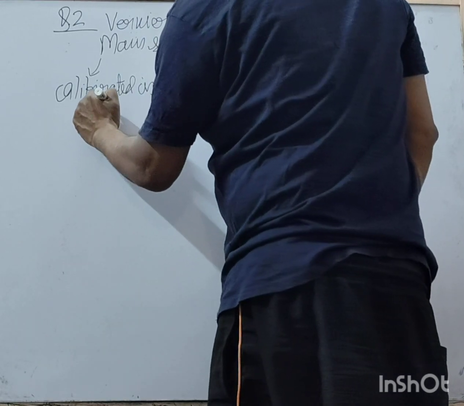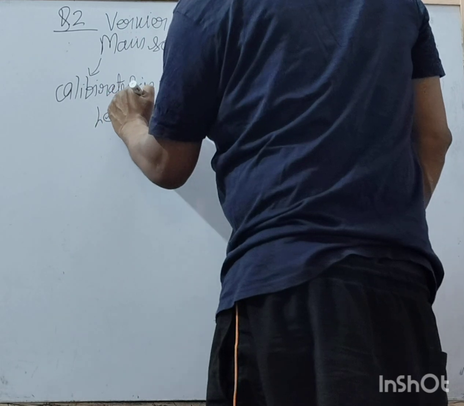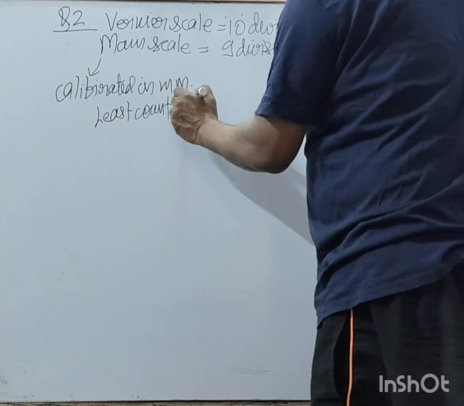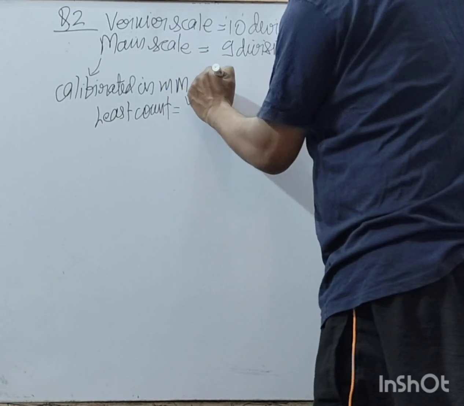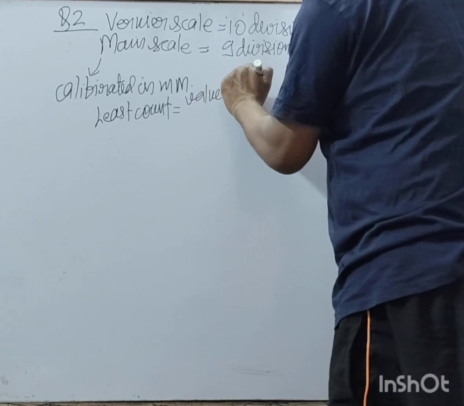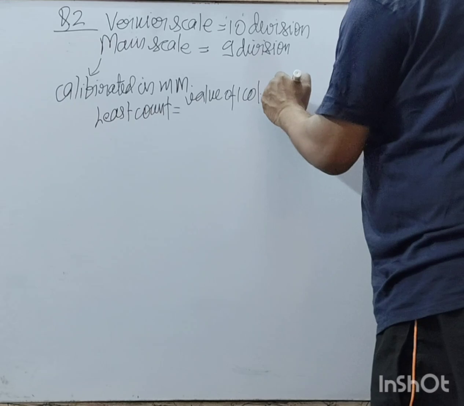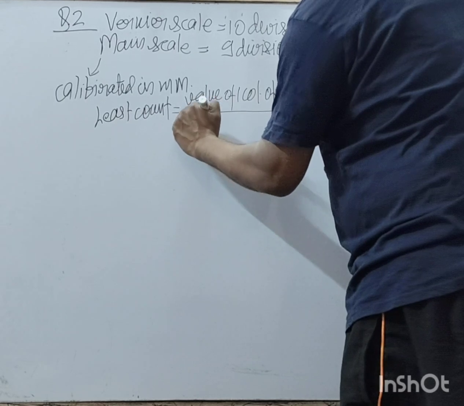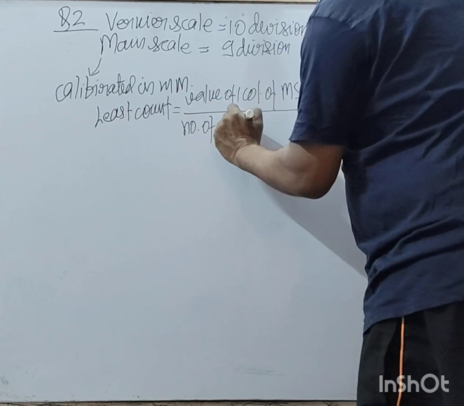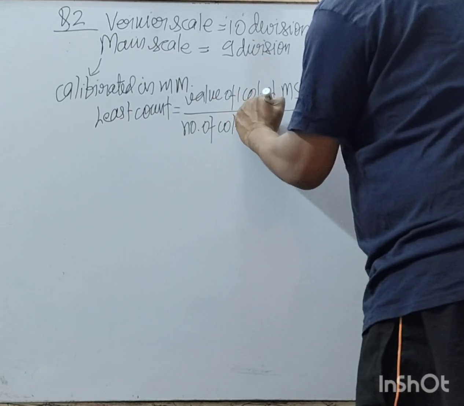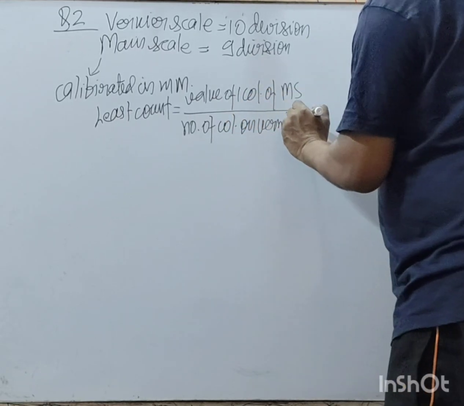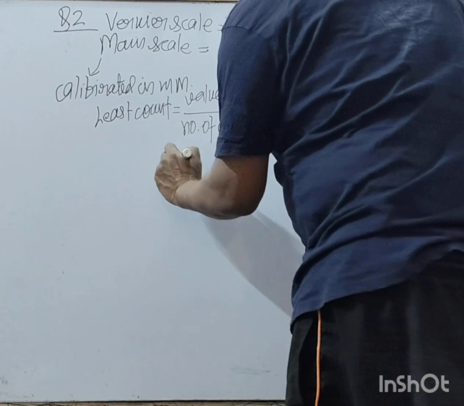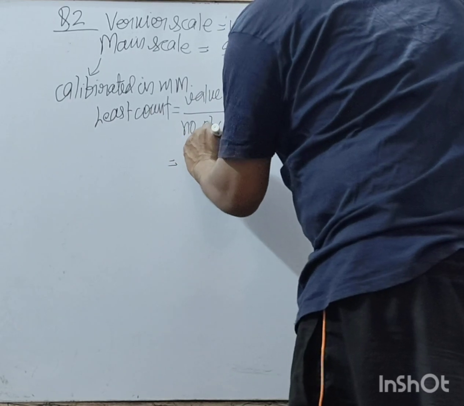So least count is equal to the value of one division of main scale upon the number of divisions on the vernier scale. So it is 1 millimeter upon 10.